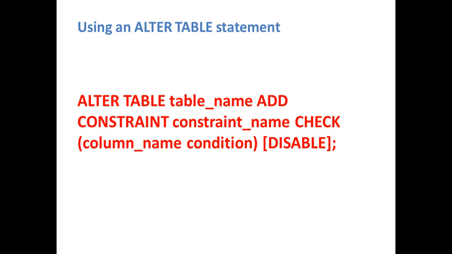You can put disable, or you can exclude this disable option. When you put the disable option, the check constraint is created, but it is not enabled. So if you put EMP name in lowercase, as I have shown you before, it will accept it because the constraint is disabled.